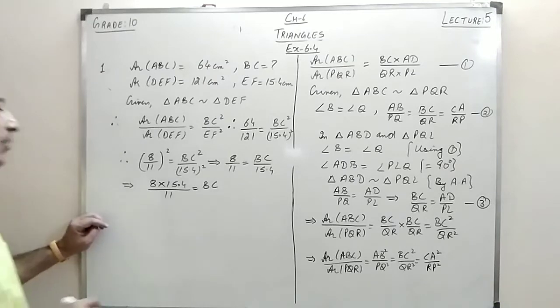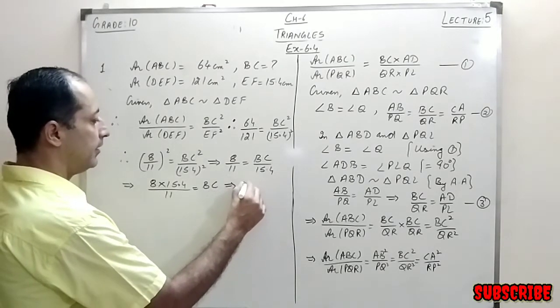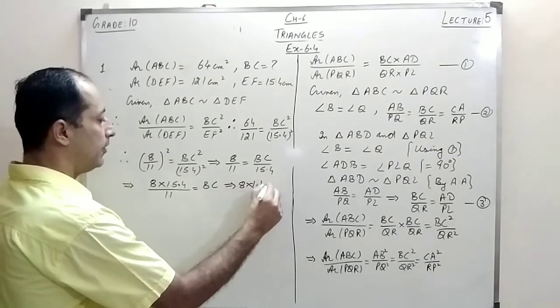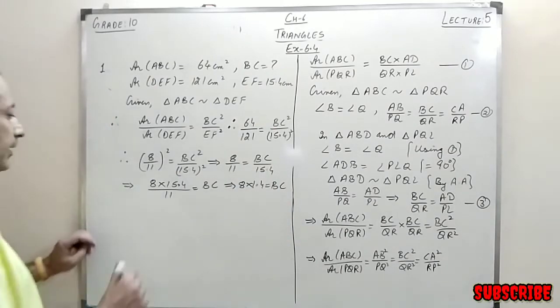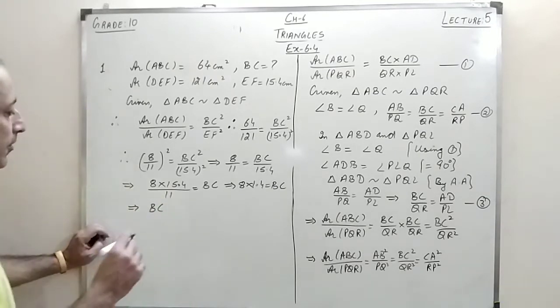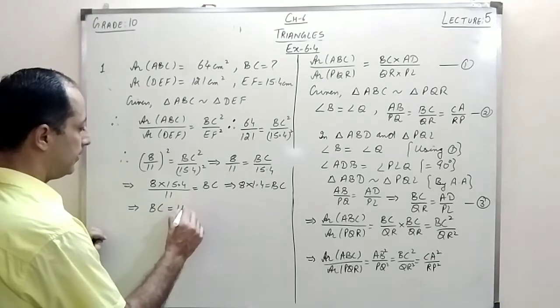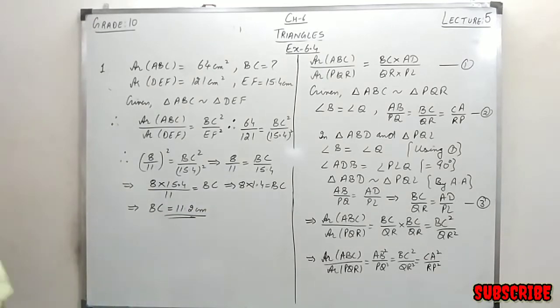Now this 15.4 cancels with 11, and we get 1.4 times 8 equals BC. And in the end, I have the answer that BC is equal to 11.2 centimeters. So this was the first question. Now let's see the second question of this exercise.